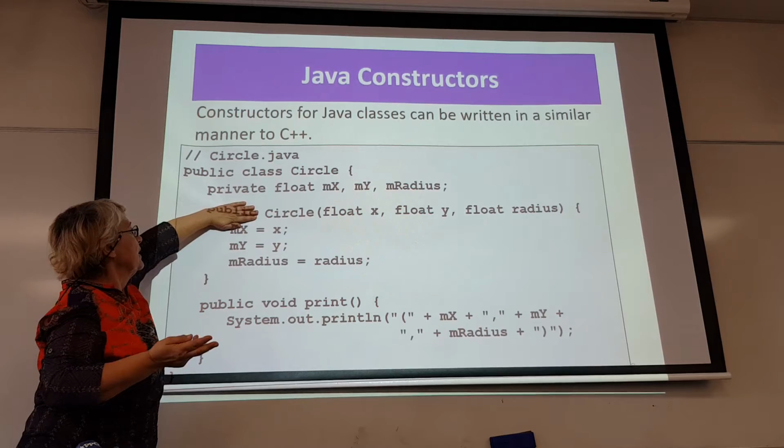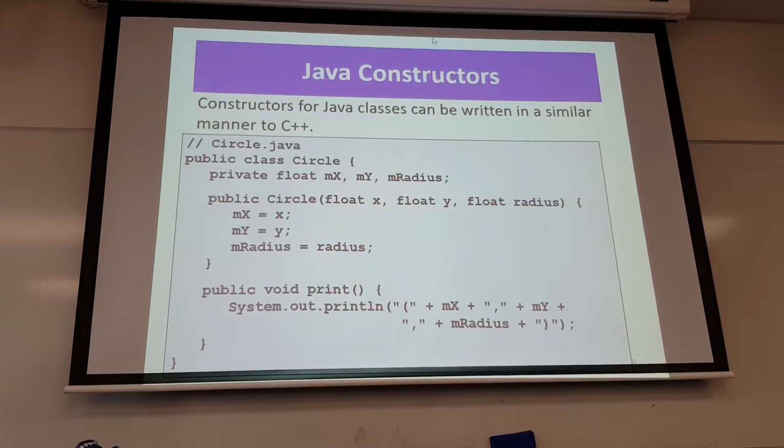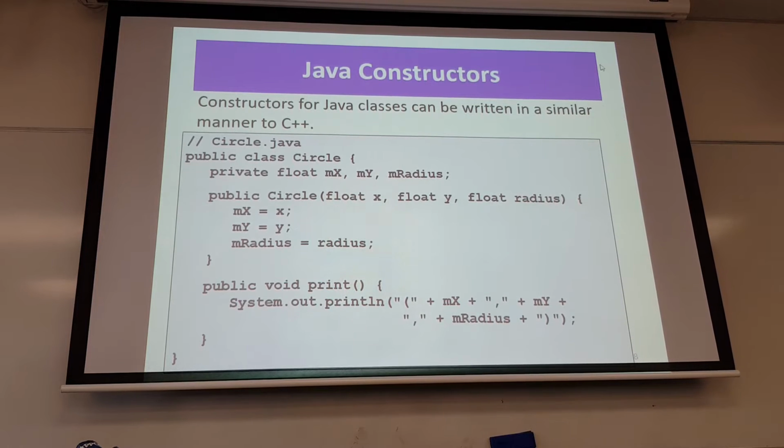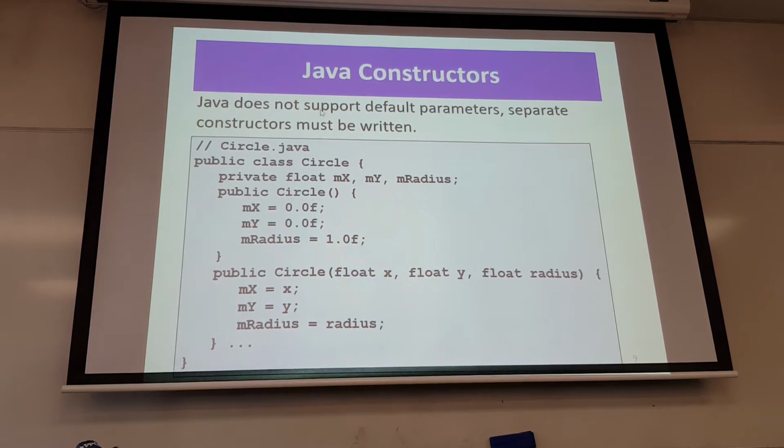So a difference, the default handling coming from Java's default way. Another difference, Java does not support default parameters. So the only way to provide for a default constructor and a custom constructor is overloading. You have to overload them.